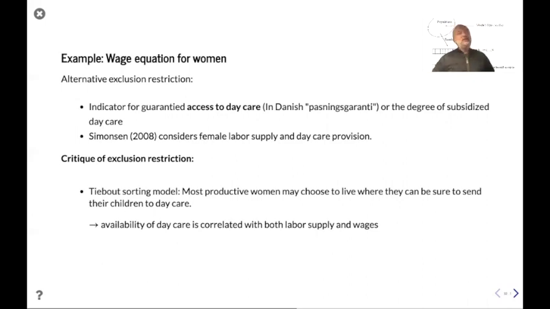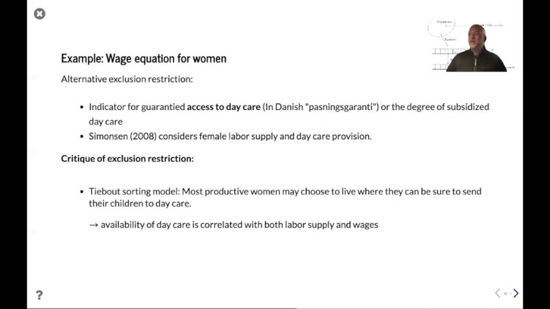And as clever as it is, it's not hard to come up with some critique. I'm not saying this critique is devastating, but some critique of why you may actually have a violation of the exclusive restriction. So for example, there's something called the Tiebout model, the sorting model.